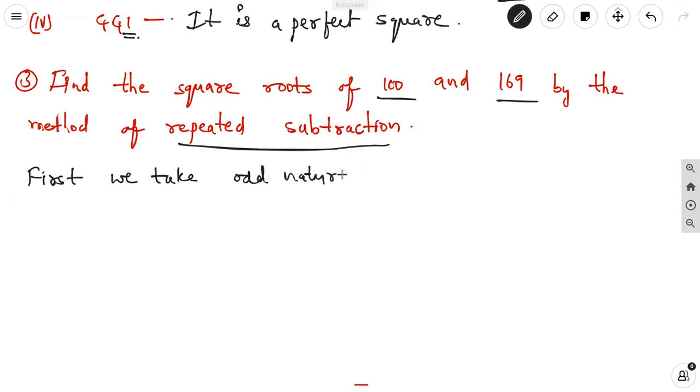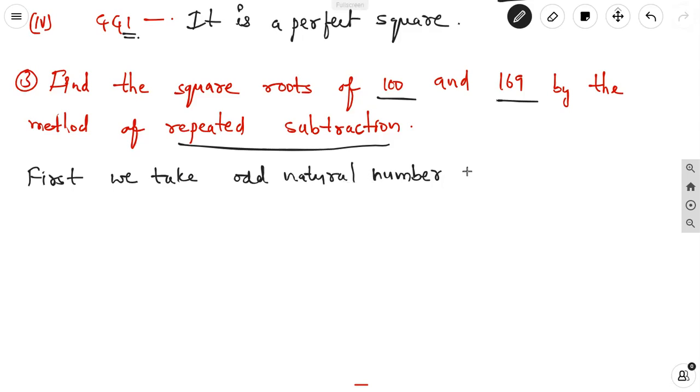The number of odd natural numbers subtracted from 100 to reach zero is the square root of 100.